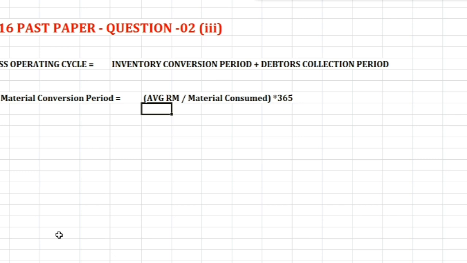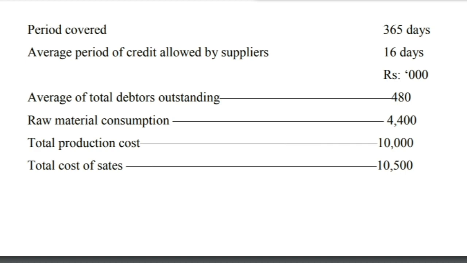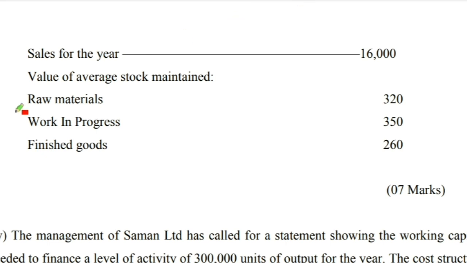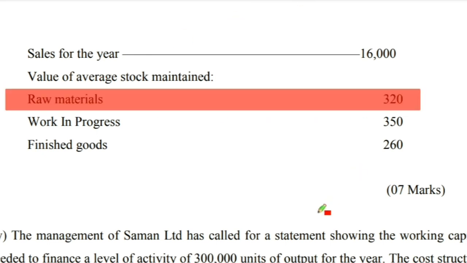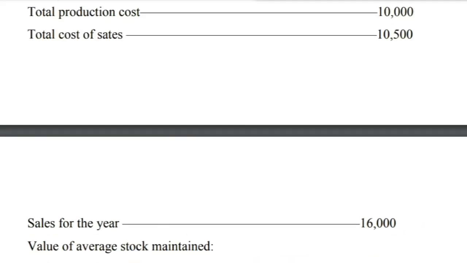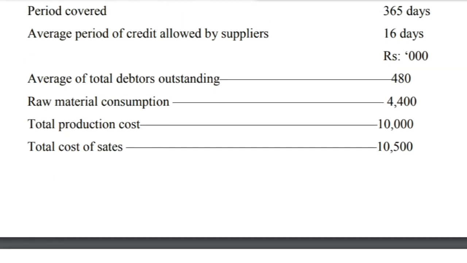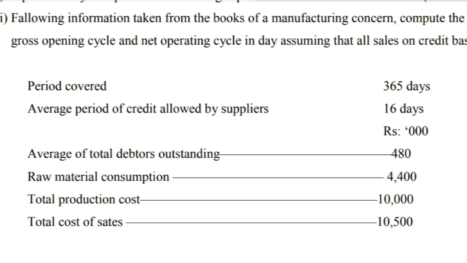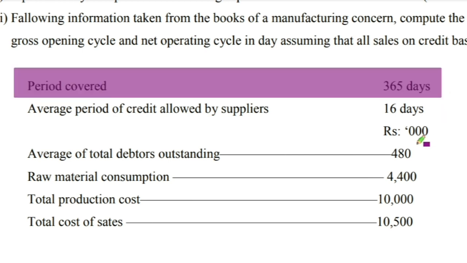Here average raw material is given in this question. Average raw materials is 320,000 and raw material consumption is 4.4 million. And period covered 365 days.